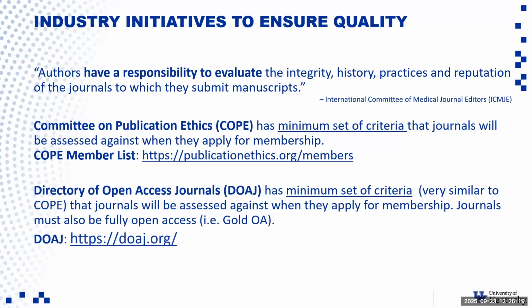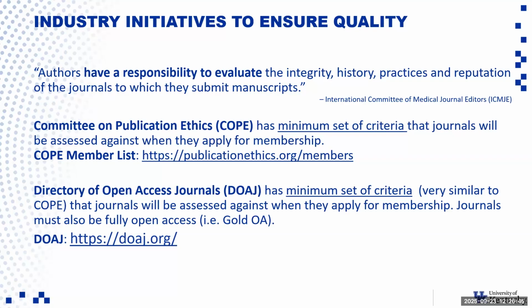So several industry initiatives exist to maintain transparency and ethical standards among journals and publishers. And these initiatives can help us determine a journal's reputation. So the Committee on Publication Ethics, or COPE, provides advice and guidance on the best practices for dealing with ethical issues in journal publishing.